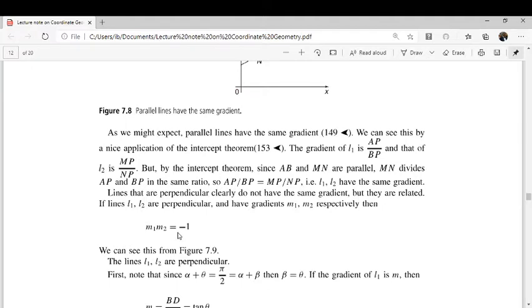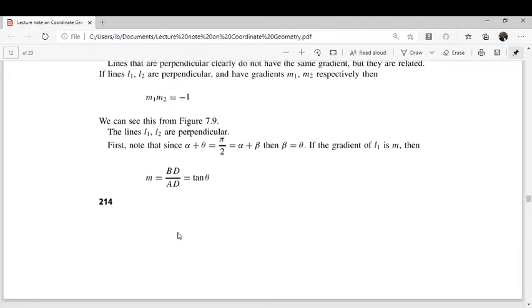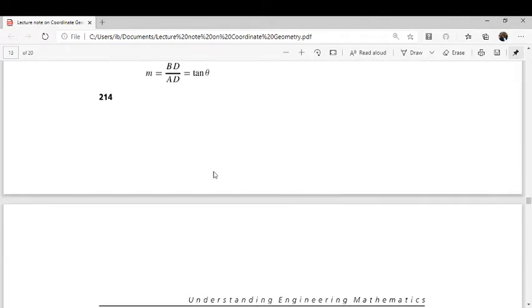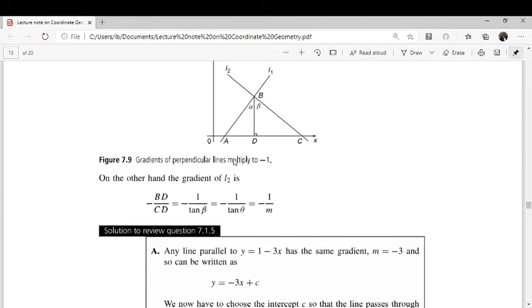But when they are parallel, M1 is equal to M2. These are just gradients; I've told you gradient is tan theta. So if you have two perpendicular lines, the product of their gradients is minus 1. That's why we say M1 M2 equals minus 1.